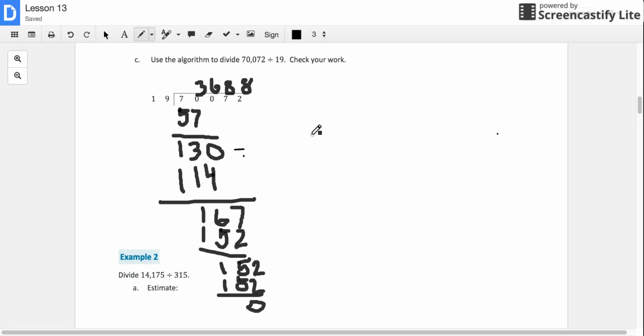And we're done. So we want to check our work. When we do that, we're going to multiply our quotient, 3,688, by 19. I'm going to do that super quick just to show you.